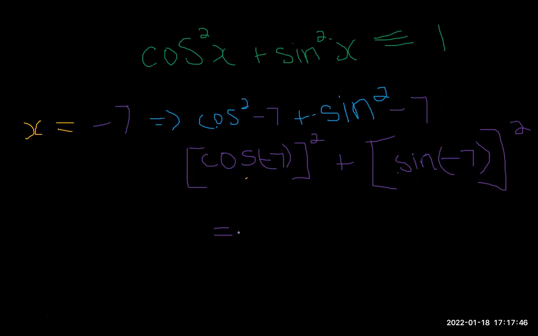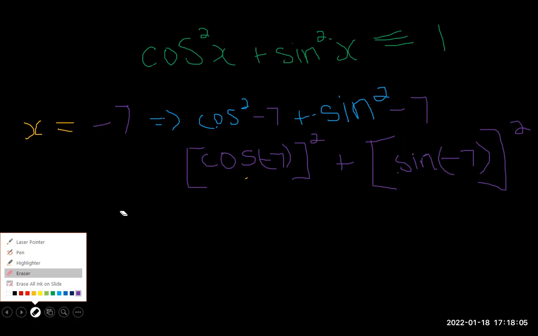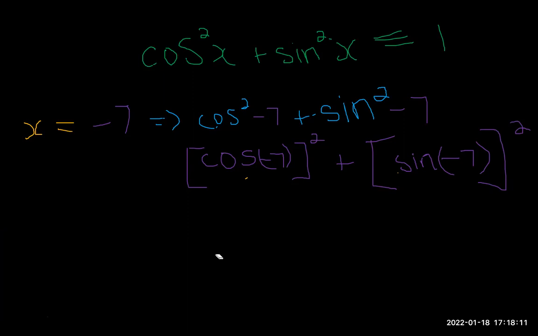Anybody else getting an error? Okay, well, the answer is 1, right? So that means you probably put in something wrong into your calculator. So tell me exactly what you put into the calculator. Miss, I put in cosine in brackets -7 squared.